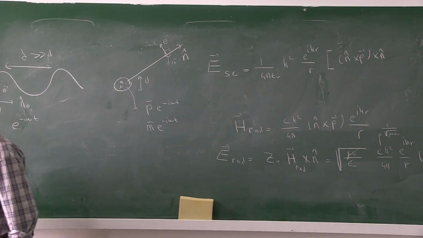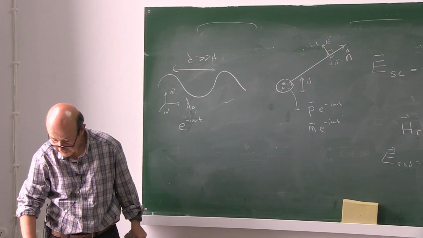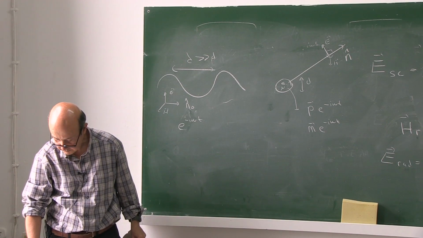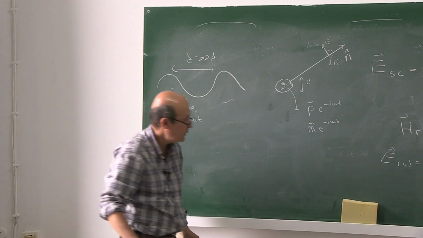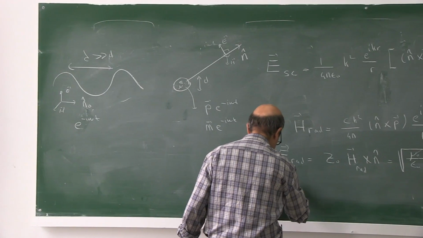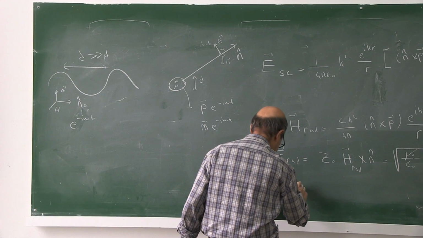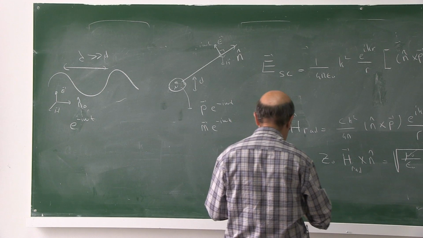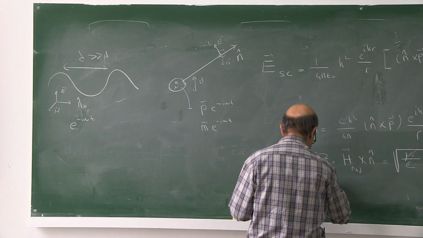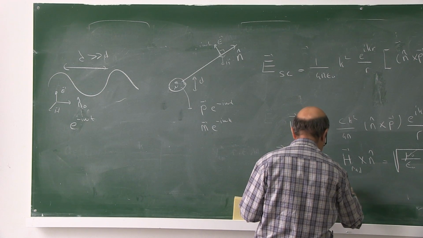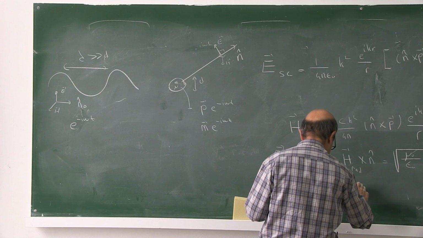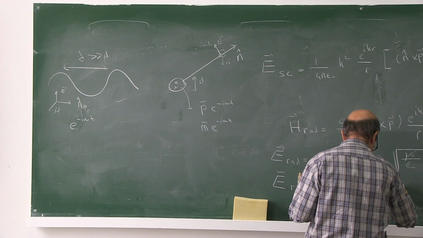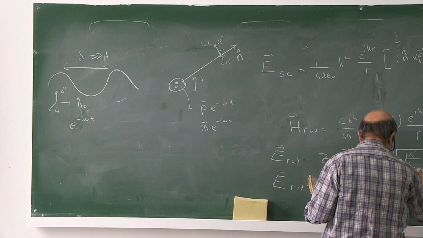For the magnetic dipole, the electric field, if we have an oscillating magnetic dipole, the E field is minus Z0 over 4 pi k squared n cross m e to the ikr over r.